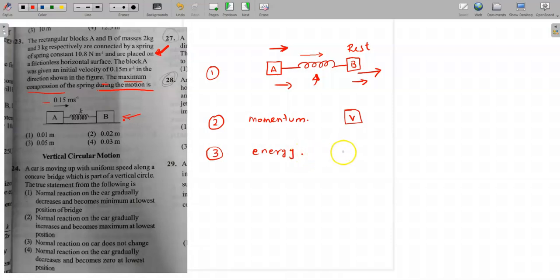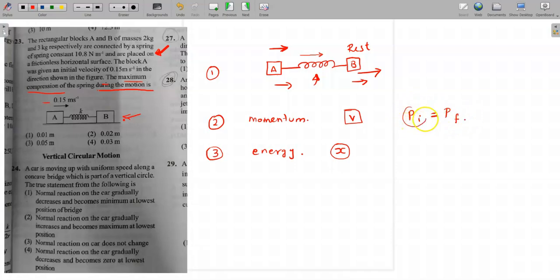From this, we will be finding the maximum compression, x. So you should know the conservation of momentum: initial momentum is equal to final momentum.